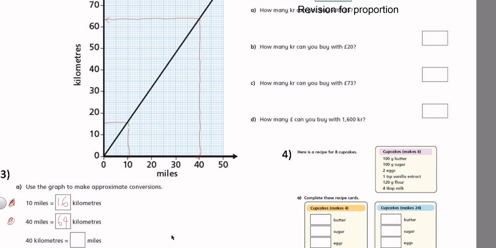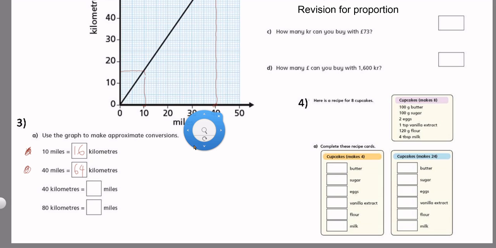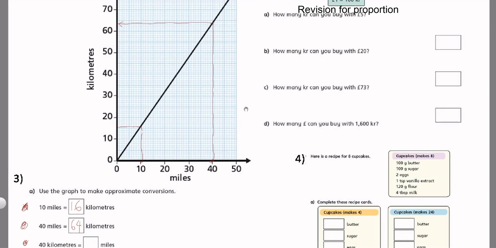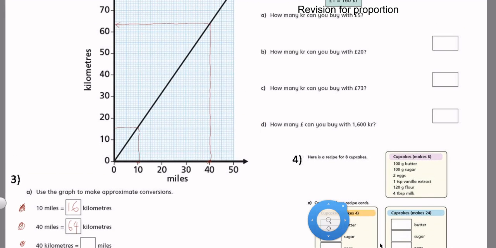Right, next one. This one here. I want to change 40 kilometers. Remember, it's kilometers. Now we're going to go from kilometers to miles. 40 kilometers. Right, now locate 40 kilometers.